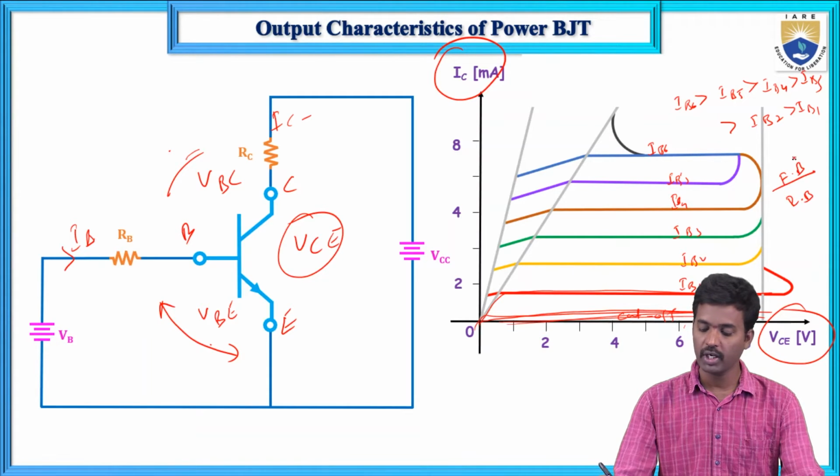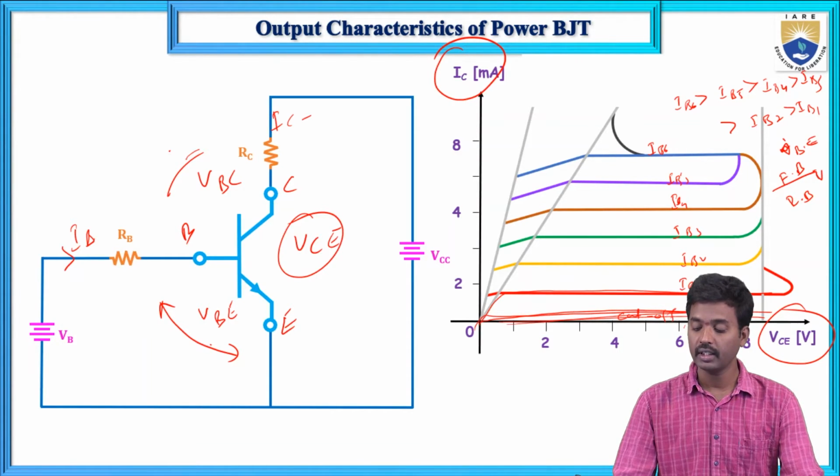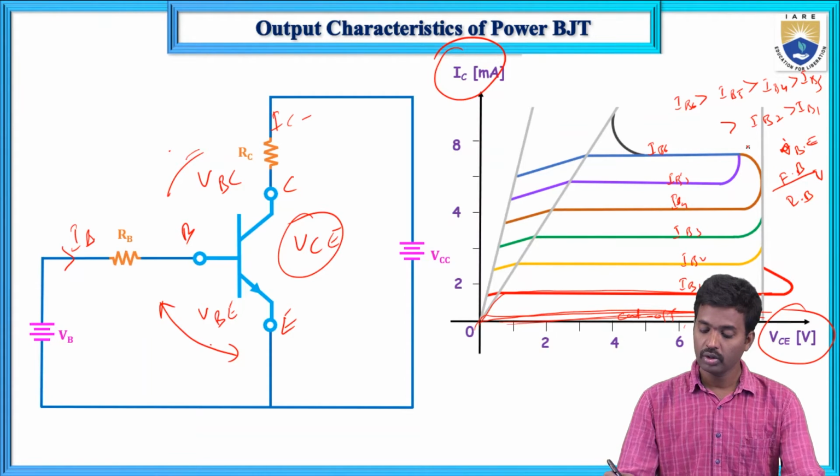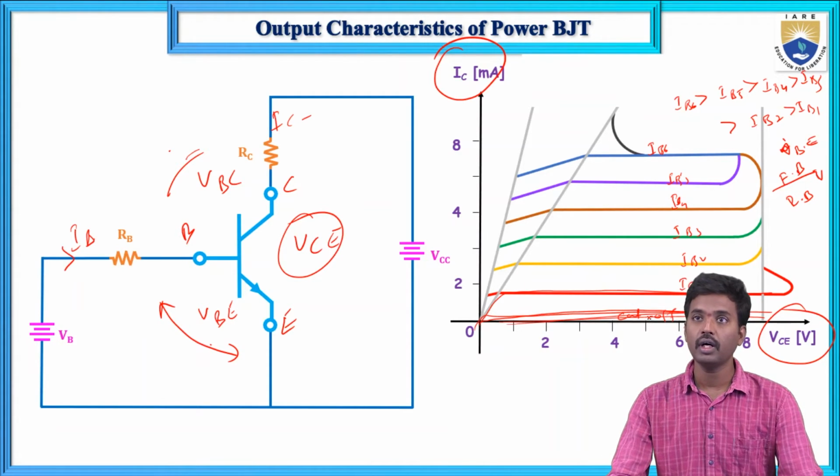Which one is forward biased? VBE is in forward bias: the base emitter junction is forward biased and the base collector junction is reverse biased. In this case the power BJT acts as an amplifier.